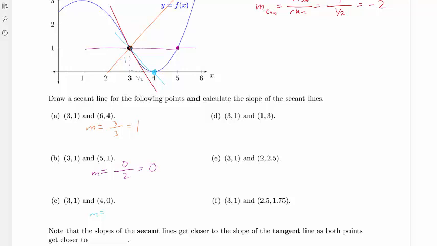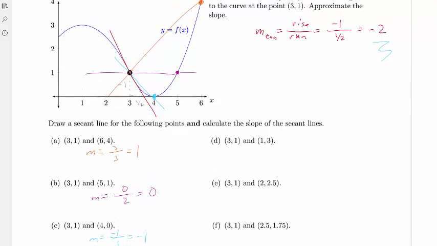We fall down by 1, and then we ran over 1. So negative 1. We note that's a lot closer to the slope that we had before. And you can see, obviously, if we kept going closer and closer, we would indeed have a slope that was very close to the negative 2 over here.